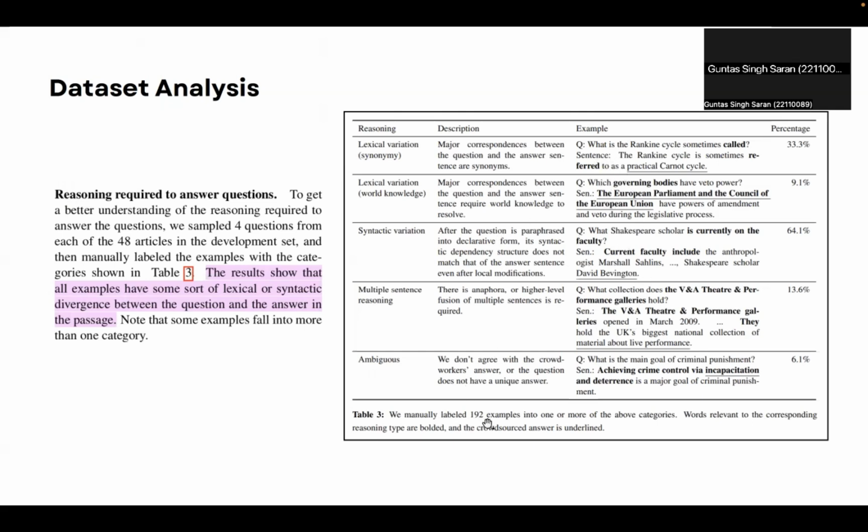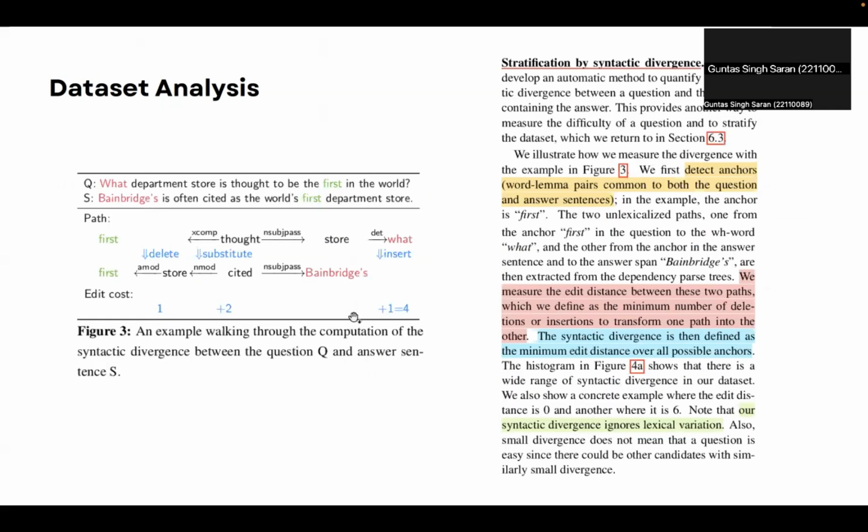To quantify this, given the question the user has entered and the span the user has selected in the paragraph, they constructed the dependency parse tree for the question and for that answer, and computed the edit distance between these two trees.